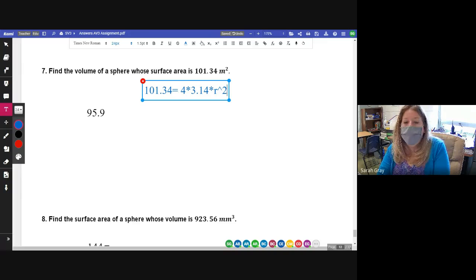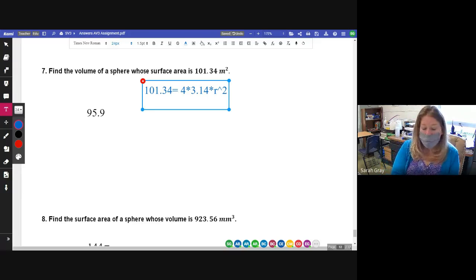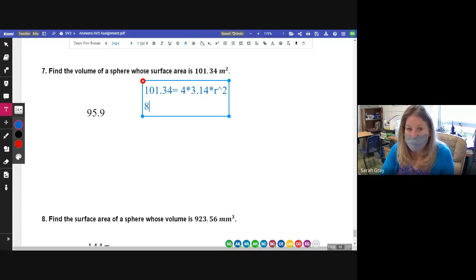First I'm going to divide both sides by 4 and pi. So 101.34 divided by pi, and then divide that by 4. And you get about 8. So I have 8 equals r squared.